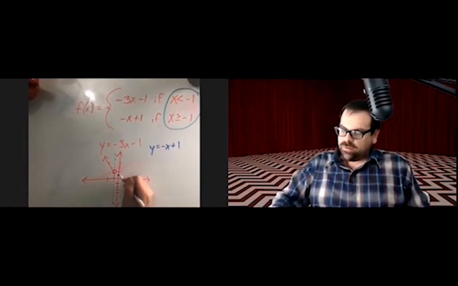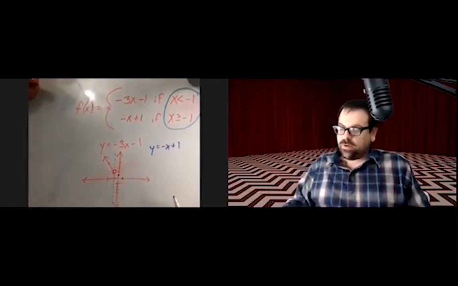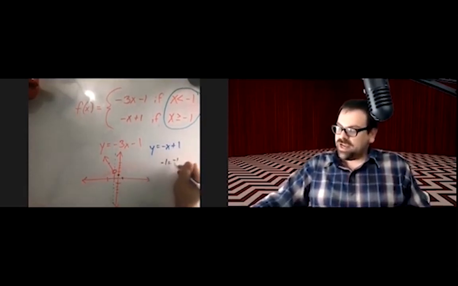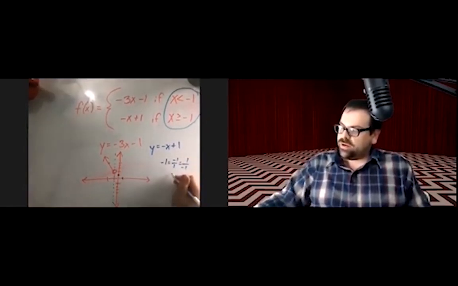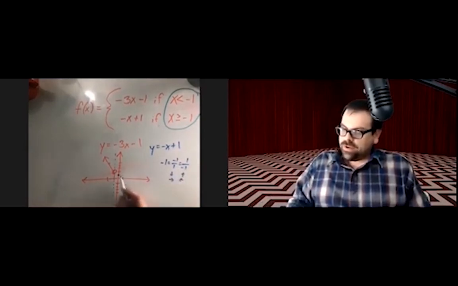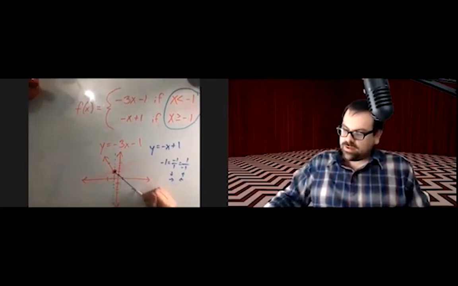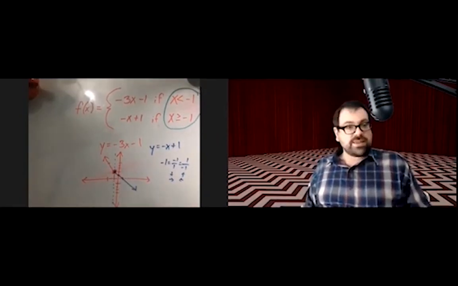Down 1, right 1, or up 1, left 1. Negative 1 for a slope is negative 1 over 1, or 1 over negative 1. Down and right, or up and left. Notice up and left is going to fill that point in. So it's continuous.